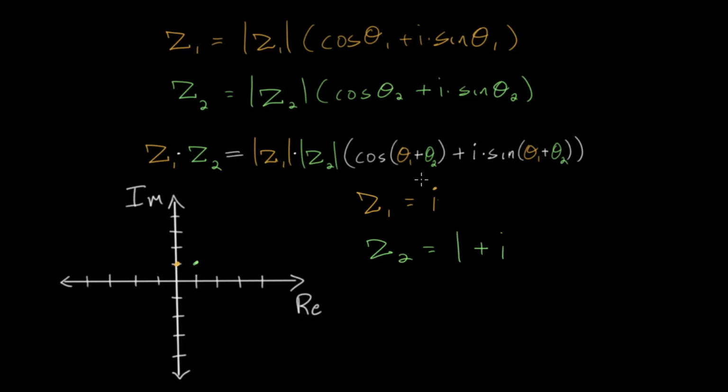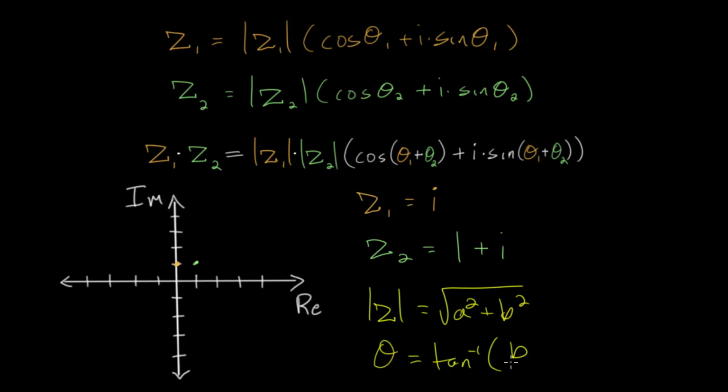Now, both of these numbers are written in rectangular form, but if we want, we can calculate their magnitude and their direction, since we know that the magnitude of some complex number z is the square root of its real part squared plus its imaginary part squared, and its angle is the inverse tangent of its imaginary part divided by its real part.